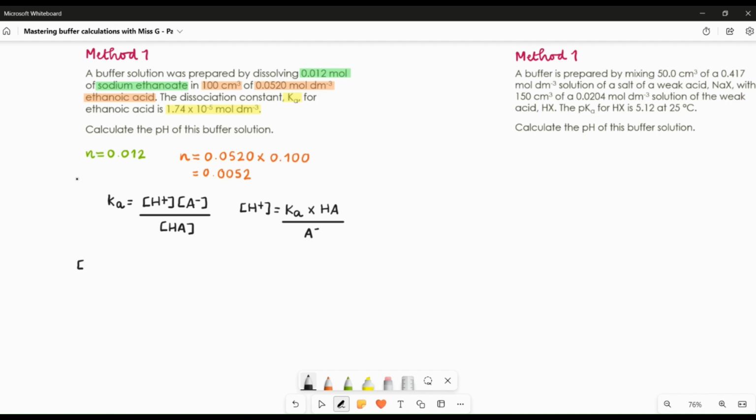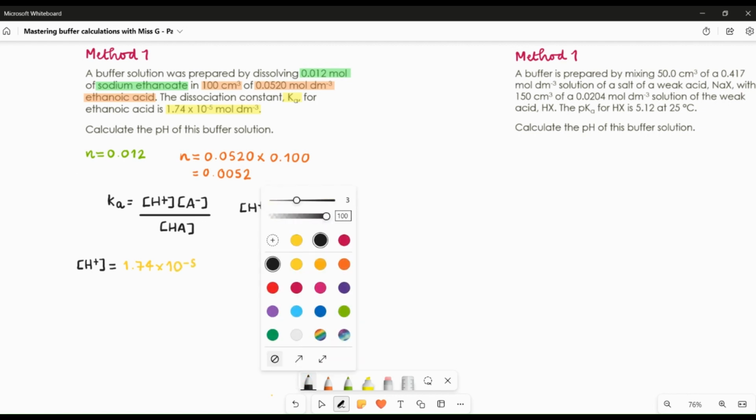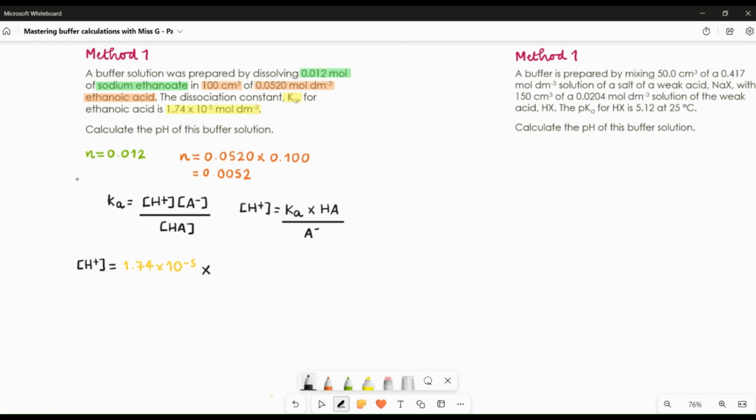And then I can just sub my numbers in. So the concentration of H plus is going to be equal to the value for Ka, which is 1.74 times 10 to the minus 5, times the moles of the weak acid, which is, my apologies, 0.0052.